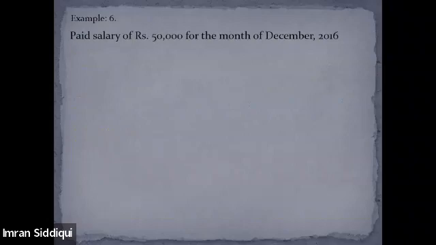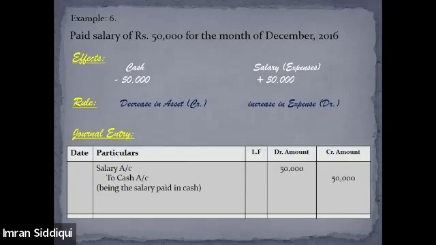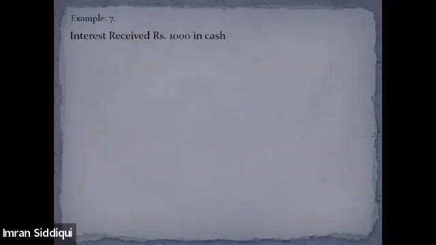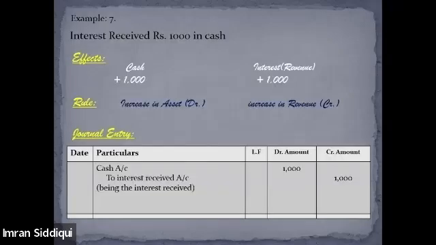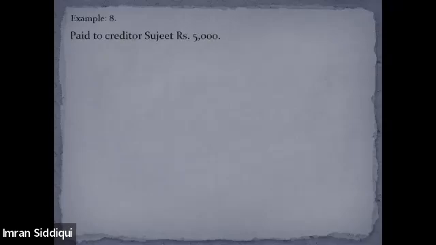Tell me the entry for this one. Example number 6. Paid salary 30,000 for the month of December 2016. Salary to cash. Next, interest received 1,000 in cash. Cash account debit to interest received account. Good job. Next is paid to creditor Sujit rupees 5,000.